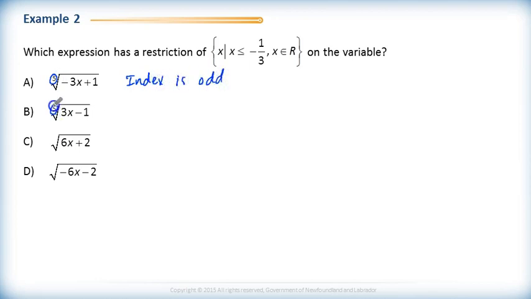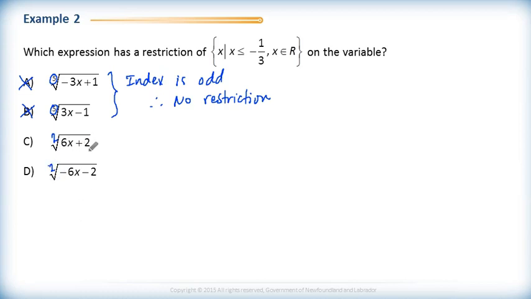So we have the same thing occurring in both of these. The index is odd, therefore no restriction. So we rule those out. They're gone. So the only ones we have to check on are C and D. The index is even because it's a 2, so they have restrictions.